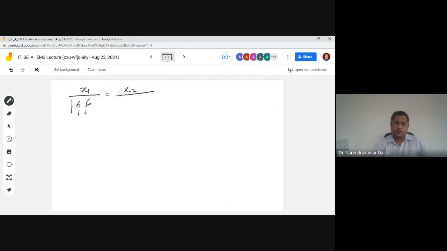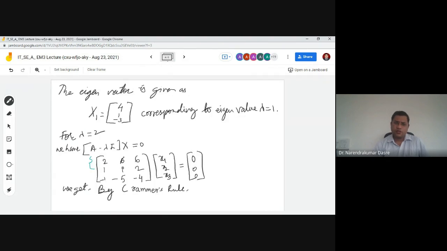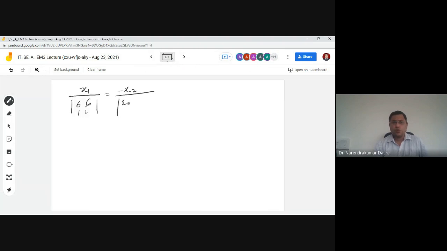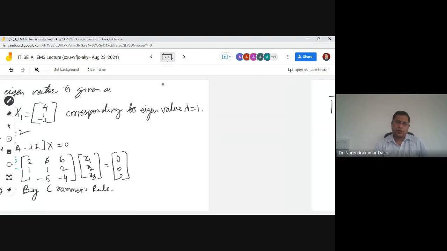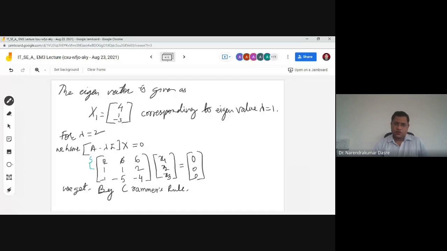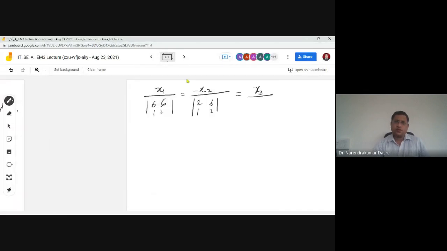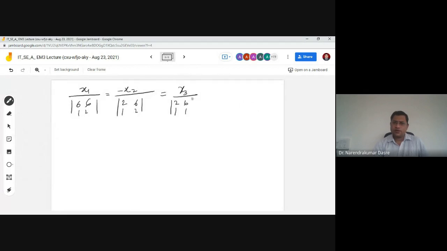This is equal to, within these 2 equations, 2, 1, 6, 2. And now x3: this is 2, 1, 6, 1. Because we are using Cramer's rule, we have to consider the first 2 equations only. Now let us have it.